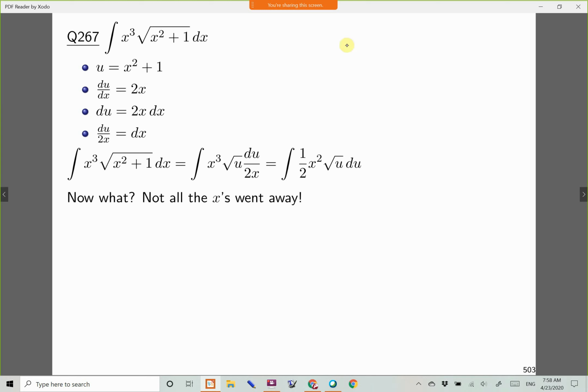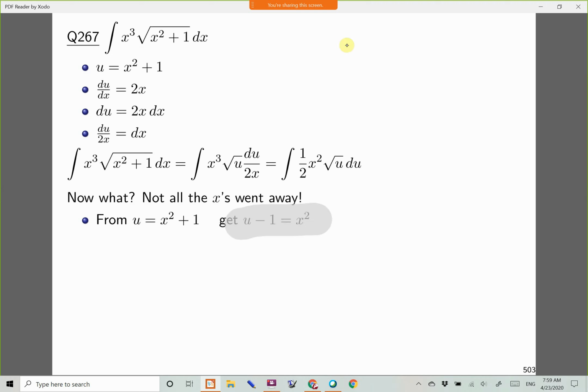Because there's an x squared here, let's find another way to write x squared. So take a look from u equals x squared plus 1, from up here, how we had defined u. We had picked u to be x squared plus 1. Let's subtract 1 on both sides of this equation. When you do that, you get u minus 1 equals x squared.